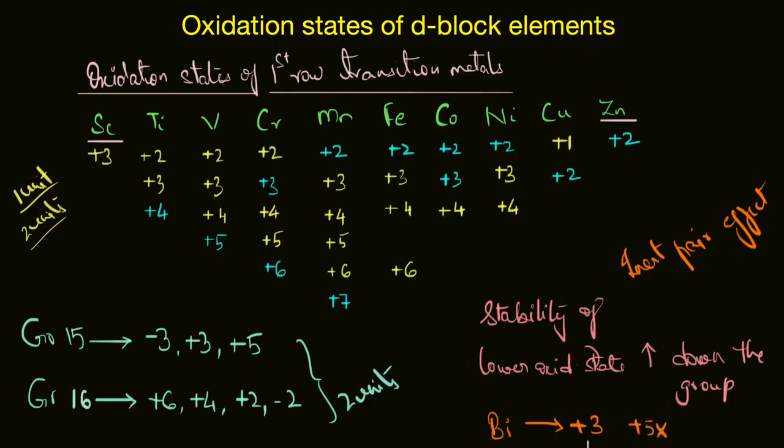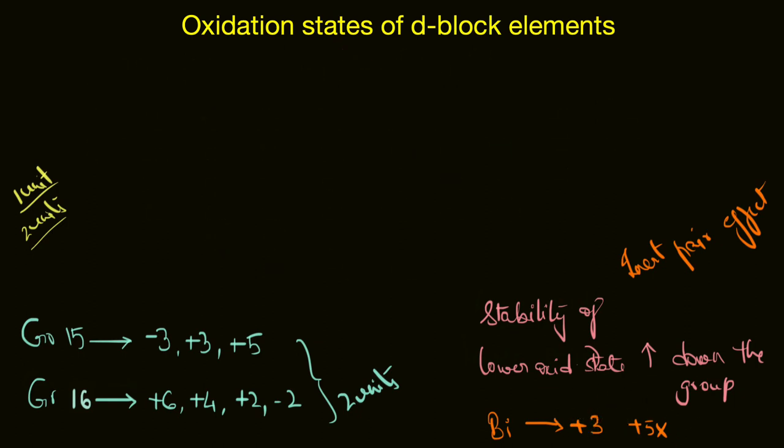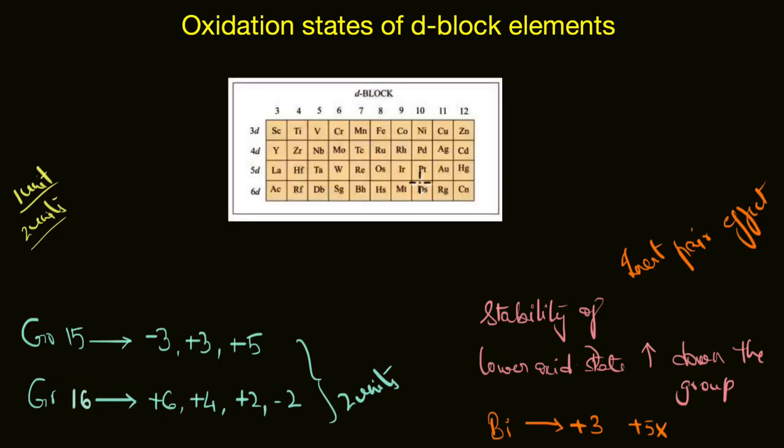So here the lower oxidation states were more stable or more preferred. However, in d block elements, it was found that as we go down the series, higher oxidation states become more stable. For instance, molybdenum 6 was found to be more stable than chromium 6. Similarly, tungsten 6 was found to be more stable than chromium 6. That is, the higher oxidation state was found to be more stable as we go down the group.